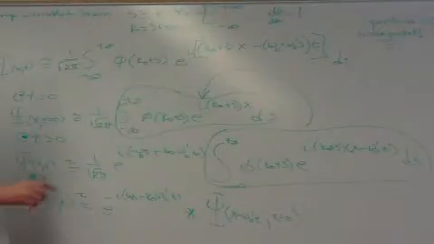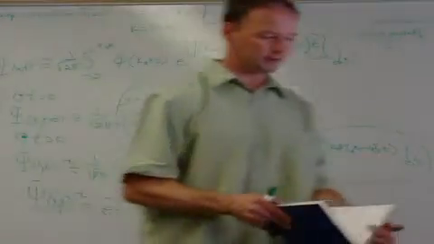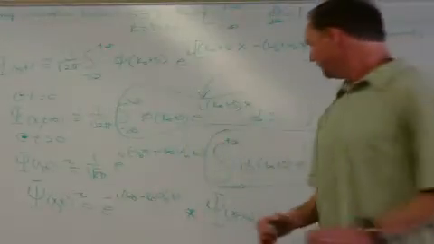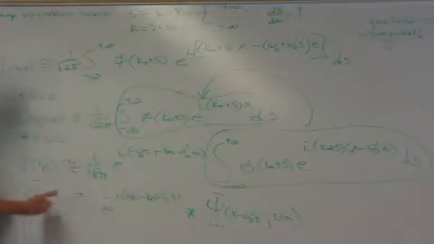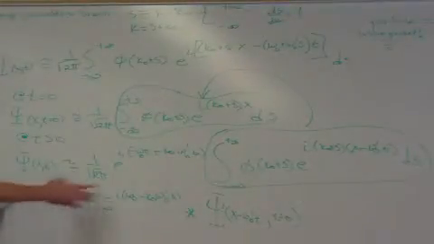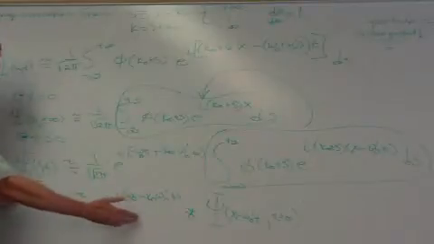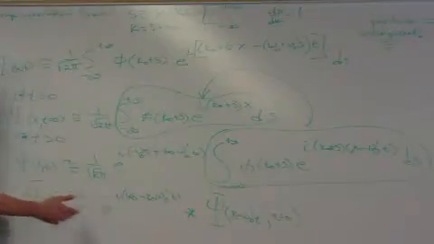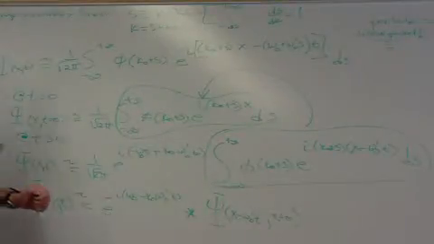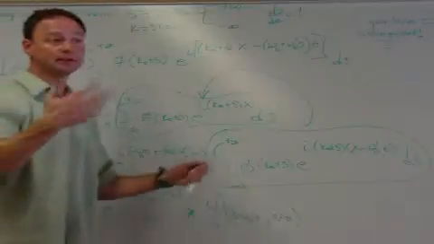Now, here's the key step, guys. Here's what our wave function equals, this thing. Now, if I square this thing, so I go psi star psi, what happens to this stuff? That goes to 1. So this is just what we call a phase. Essentially, e to the i something is an angle.